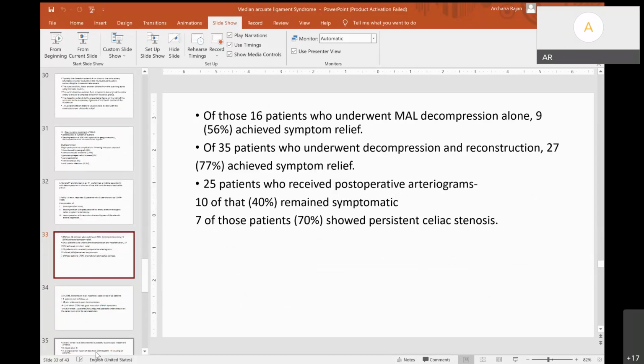Of the 35 patients who underwent decompression and reconstruction, 77% achieved symptom relief. Of 25 patients who received a post-op arteriogram, 10, that is 40%, remained symptomatic even after the procedure, and 7 of those patients who remained symptomatic showed persistent celiac artery stenosis. That was the study result of Reilly.